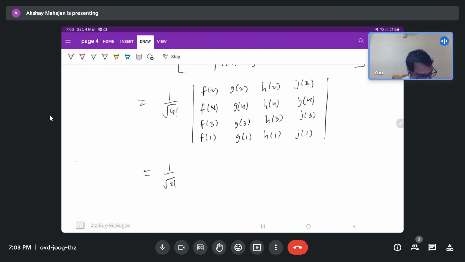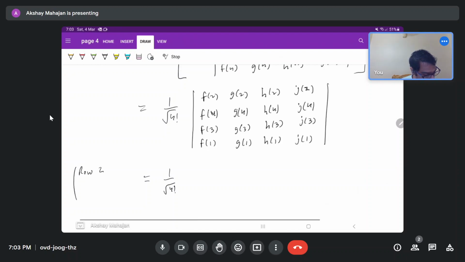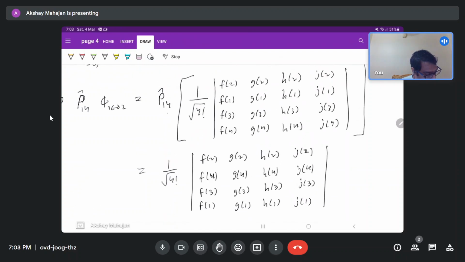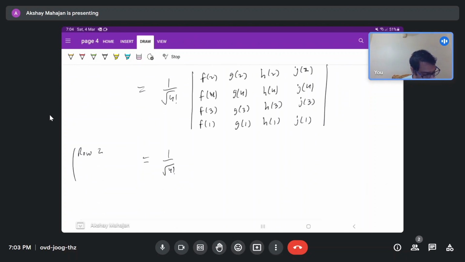Basically, try to reverse the permutation. I guess with this permutation we basically changed two rows, so I will change row 2 and row 4 first. That will bring a minus sign here. Let's say row 1 and row 3, let's just write them as they are.